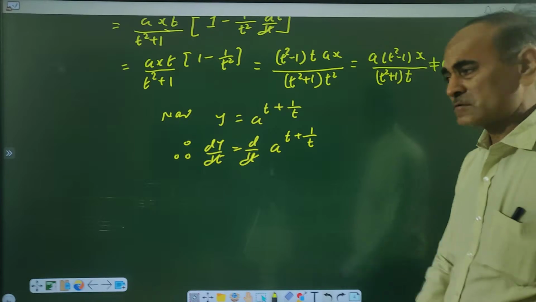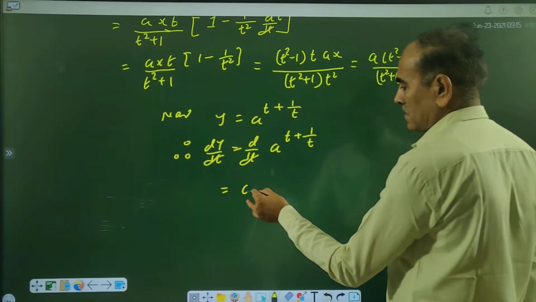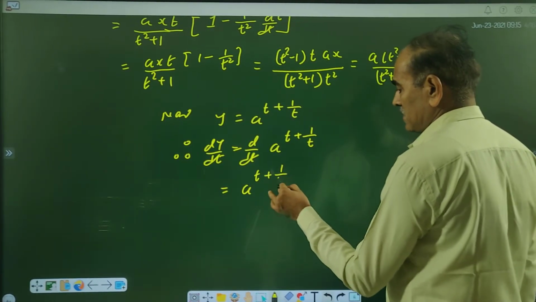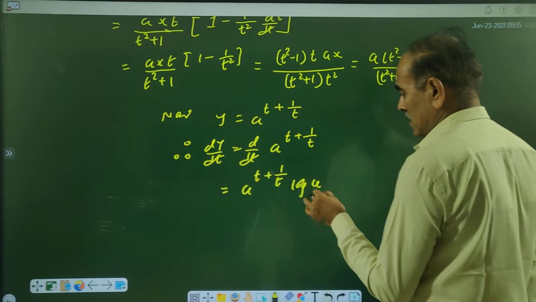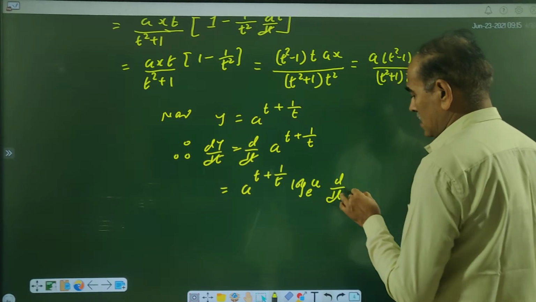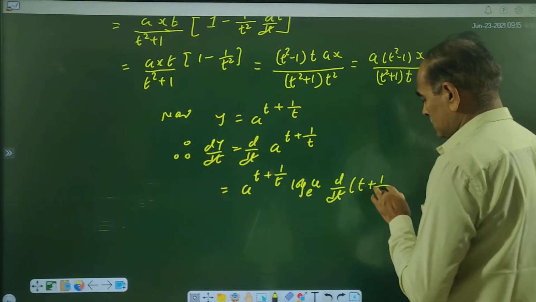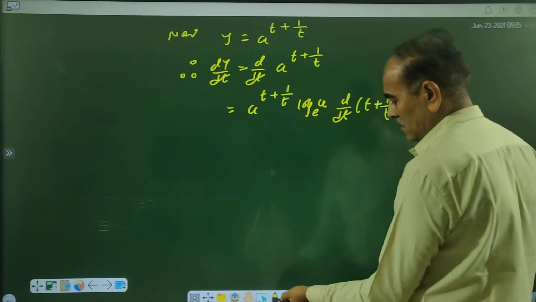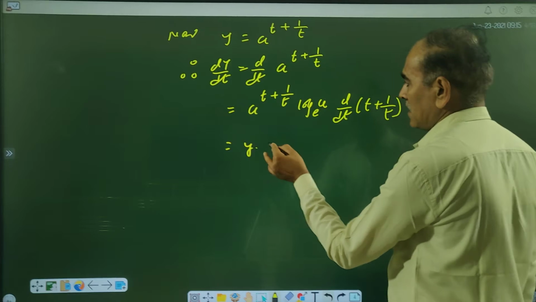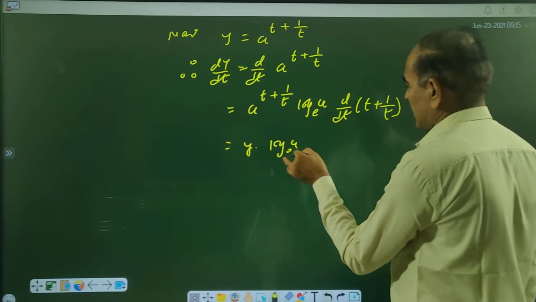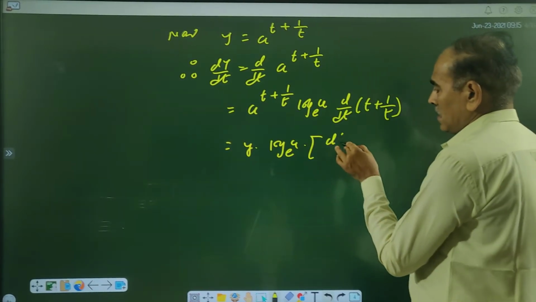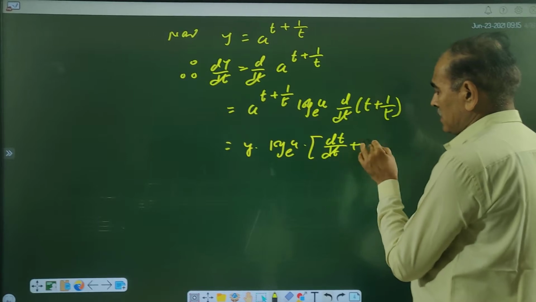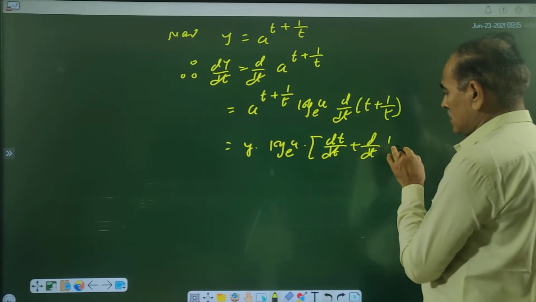You know that a raised to some function gives a raised to the function, log a base e, d by dt of the function. What is this one? Log a base e, d by dt of t plus d by dt of 1 by t.